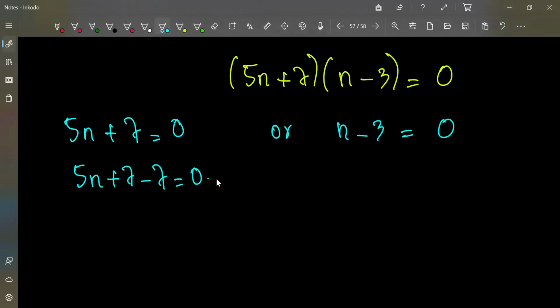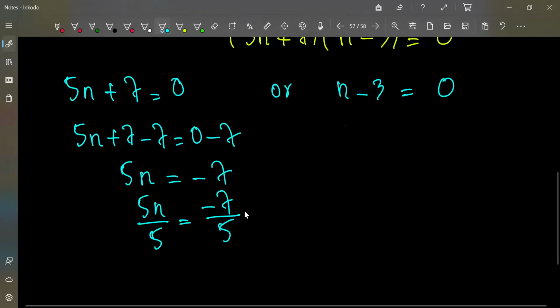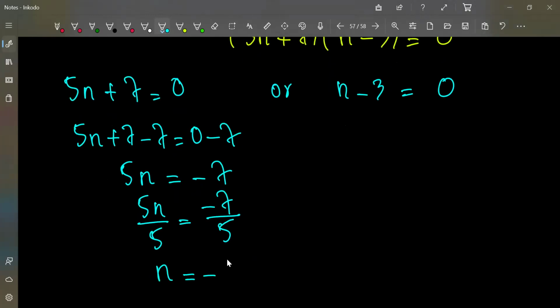So we get 0 minus 7. 5n is equal to negative 7. And then let's divide both sides by 5. So it equals negative 7 over 5. So n is equal to negative 7 over 5.